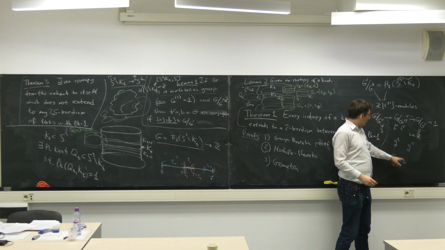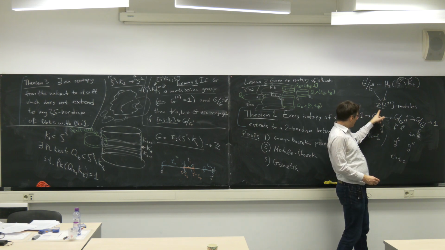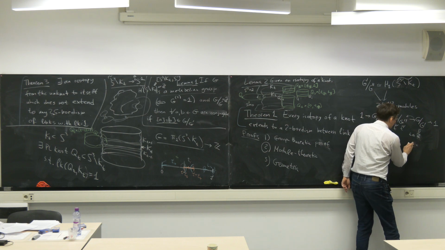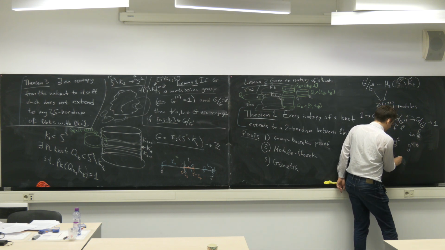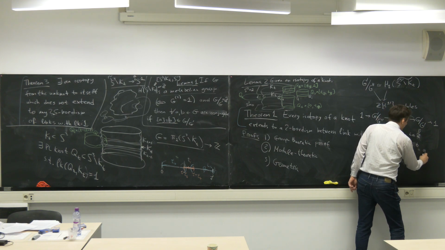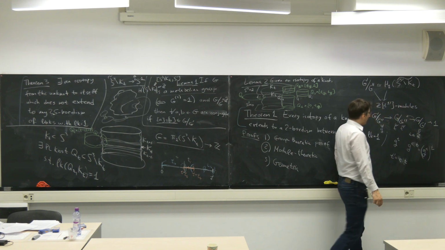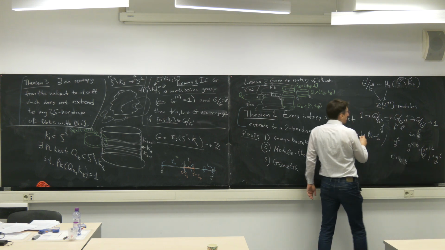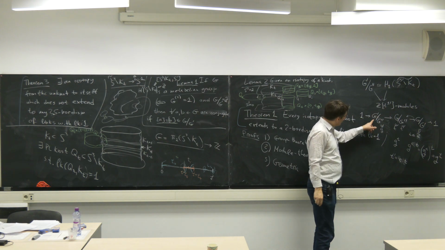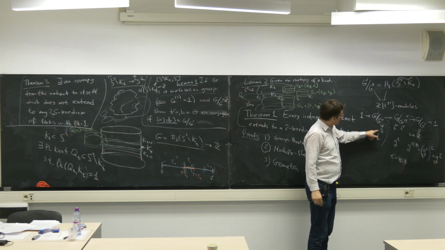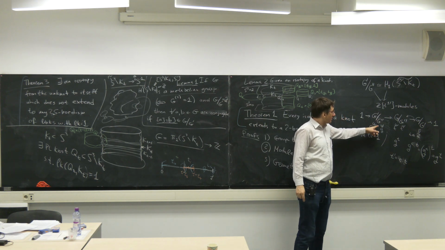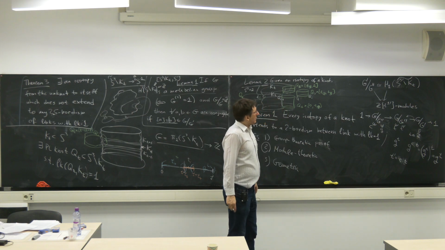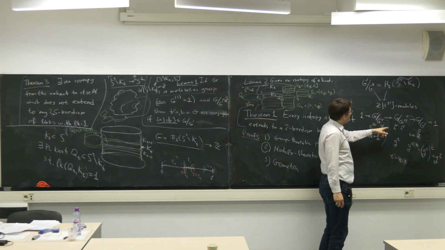So C is an element of the commutator subgroup, so it comes from here. It's better to write C times T. Then this is G conjugated by C and then conjugated by T. But G conjugated by C is G, because this group is abelian and both G and C are here. So this is the action by T from the algebraic viewpoint, just by conjugation.